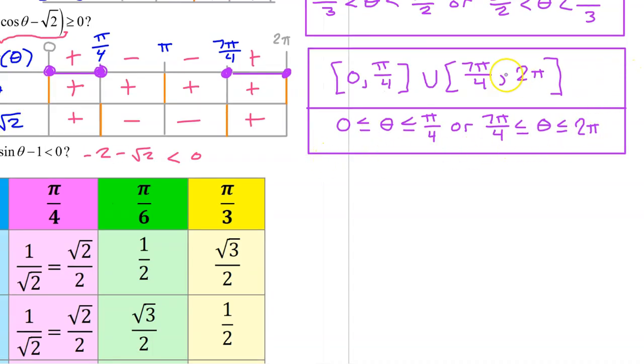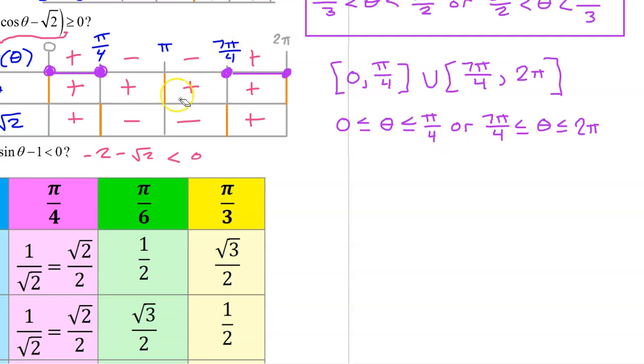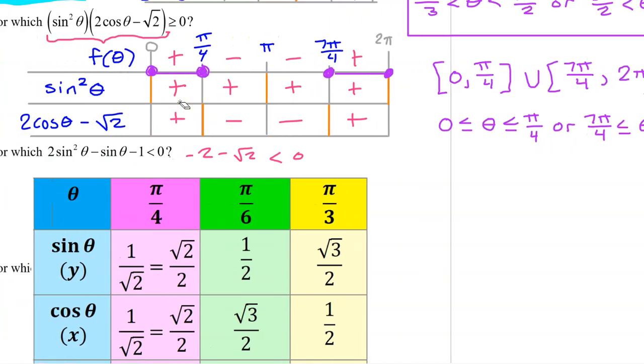Actually, I messed up and left out one solution, so not so fast. Here's what we are missing. Remember that these orange marks were here to remind me where a factor is equal to 0, right? These were all critical values. But notice that we do have this orange mark right here at pi, where sine squared theta is equal to 0.